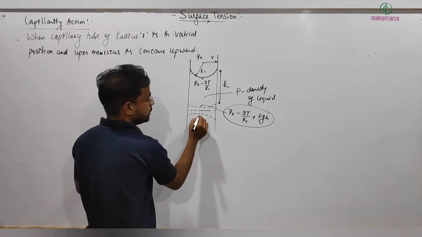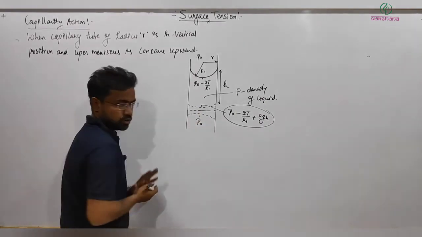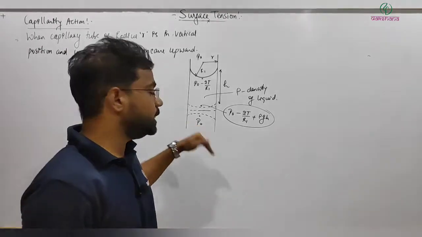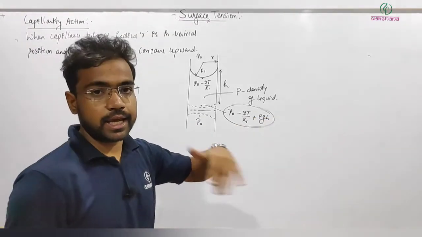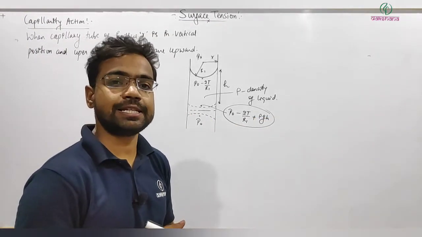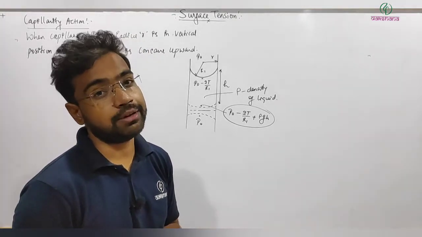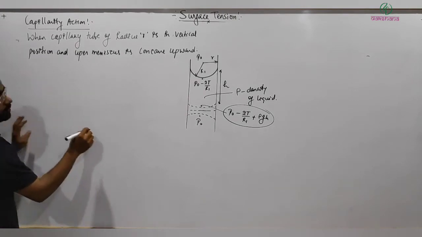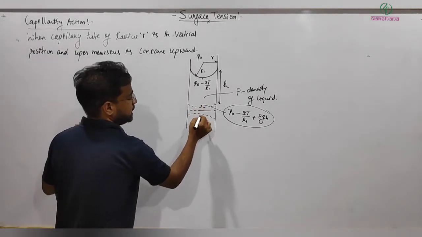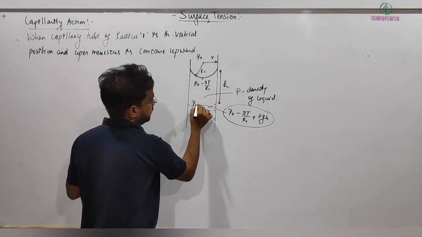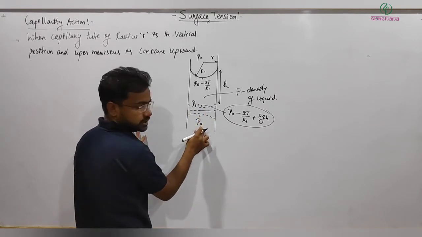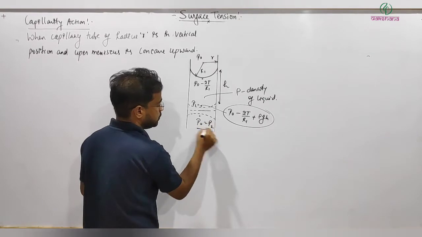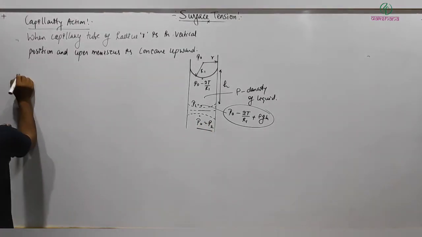And definitely on the lower side it will be pressure P naught. We know if the pressure is equal, then it will be plane, and whichever side the pressure is higher, it will be concave on that side. So in this situation, let me write this pressure as P1, and the pressure at the bottom side of the lower meniscus as P2. Here there are different possibilities.